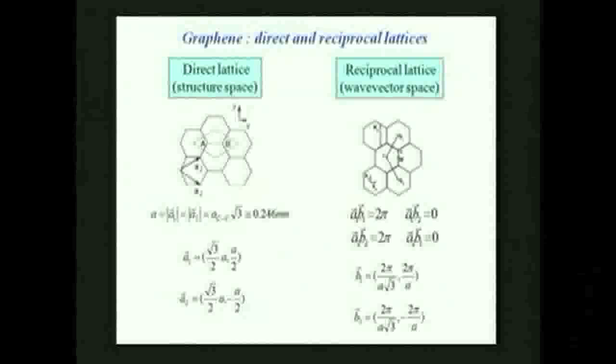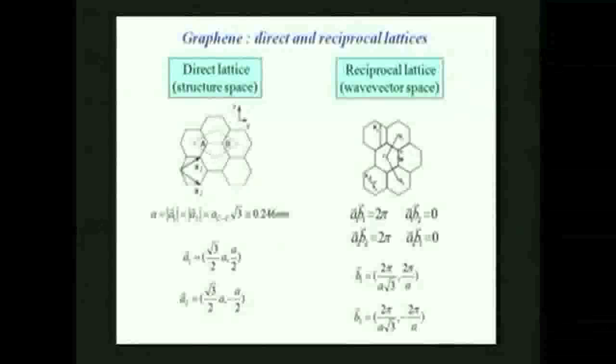To calculate B1 and B2, which are the 2 unit vectors in the reciprocal space, you consider A1 and A2, which are the 2 unit vectors in the direct space. And you use these equations. By definition, the scalar product between A1 and B1 will be a constant.